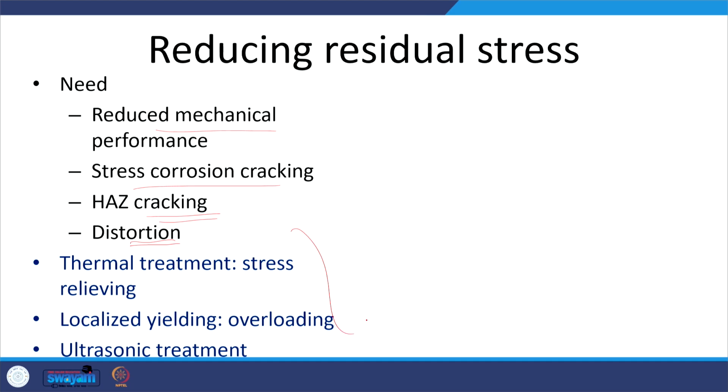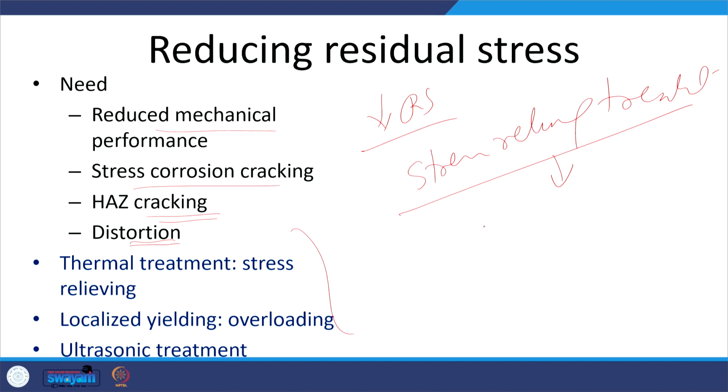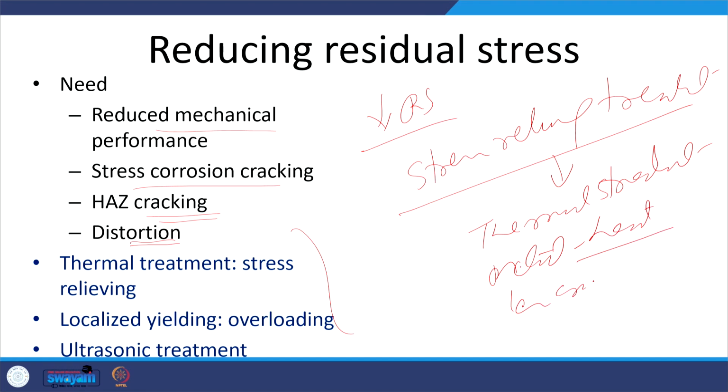So, what can we do for reducing the residual stresses? There are multiple methods. One of the most commonly used is the stress relieving treatment, where thermal treatment is given depending upon the metal system. As per the metal, we heat up to less than the critical temperature.